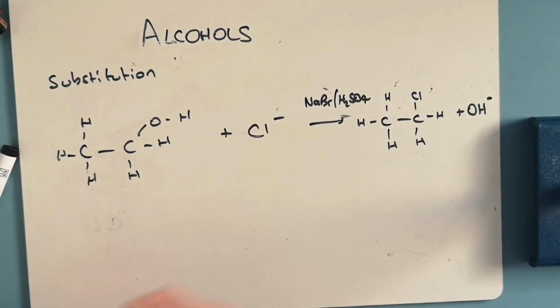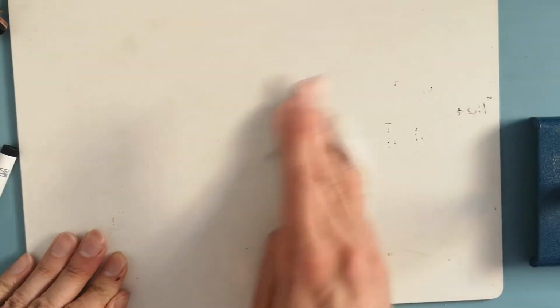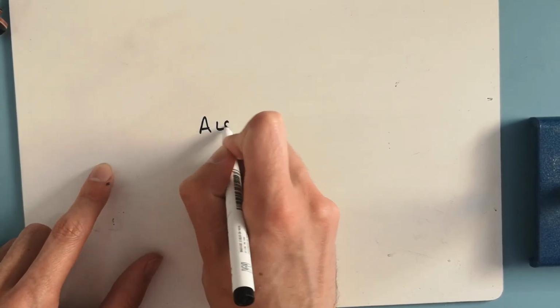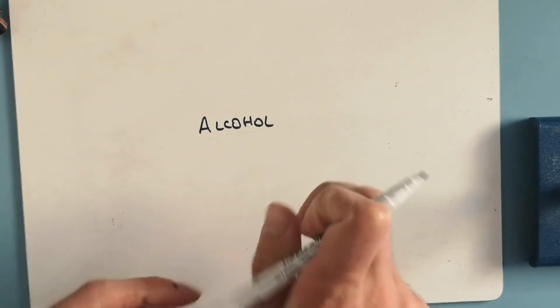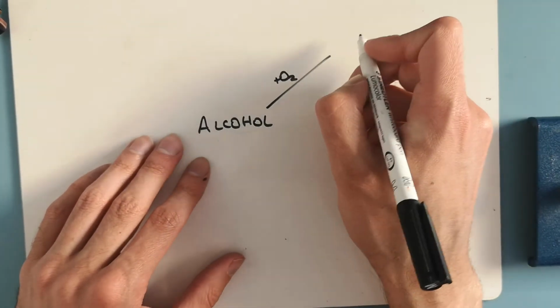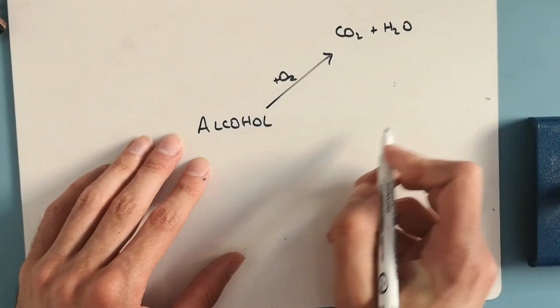If we make a nice quick little synthesis map for this, if you put your alcohol in the centre, we've got our different reactions. We've got combustion plus O2, we're going to get CO2 and H2O.